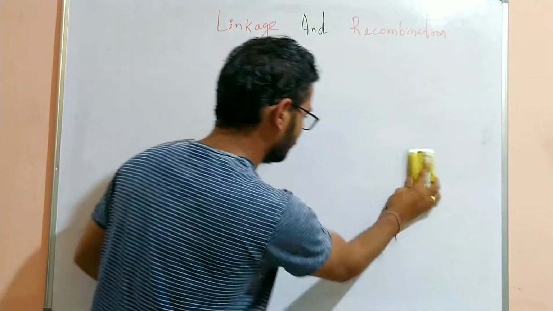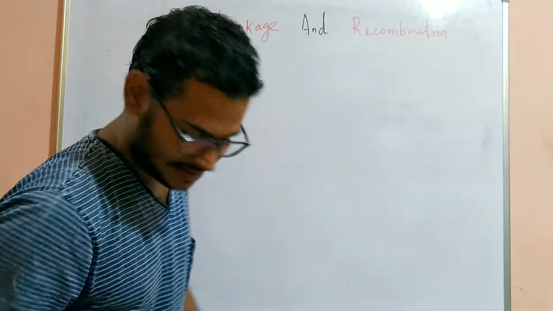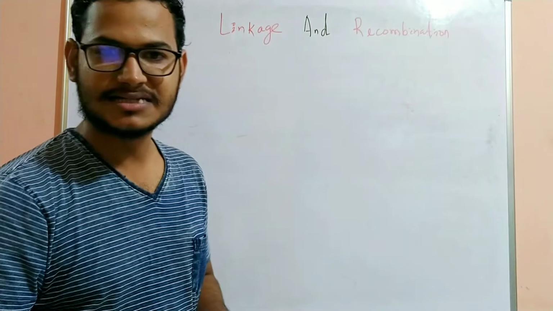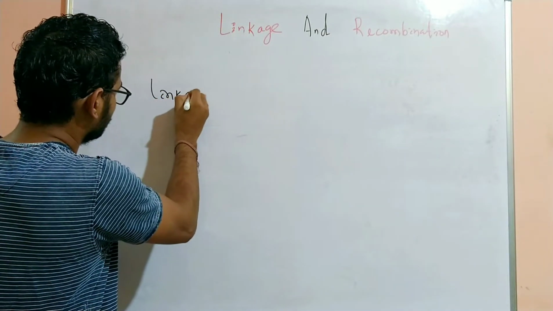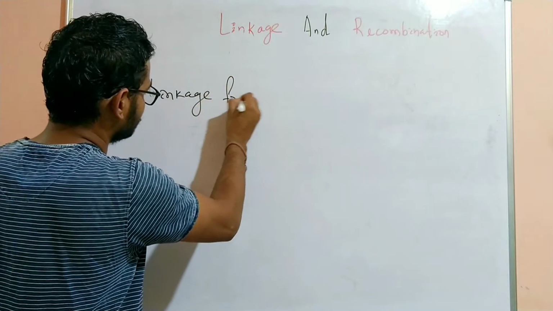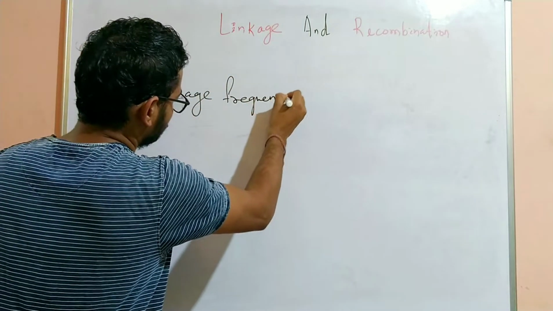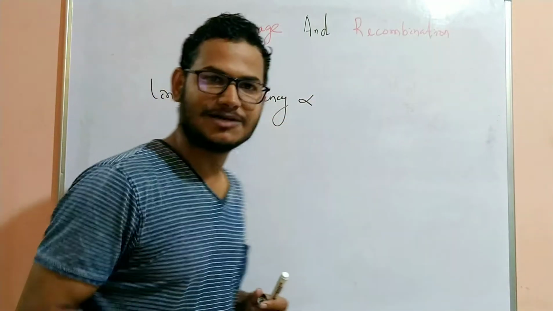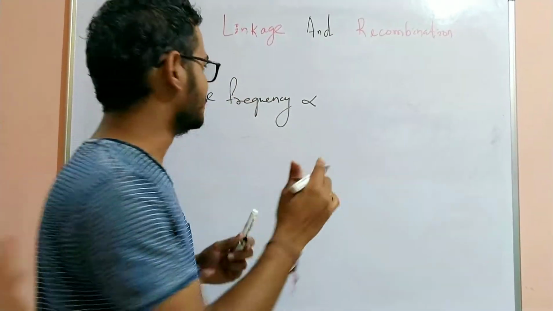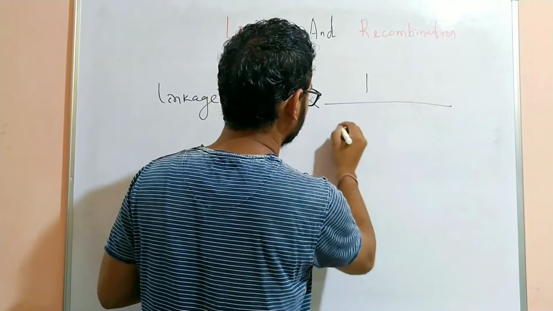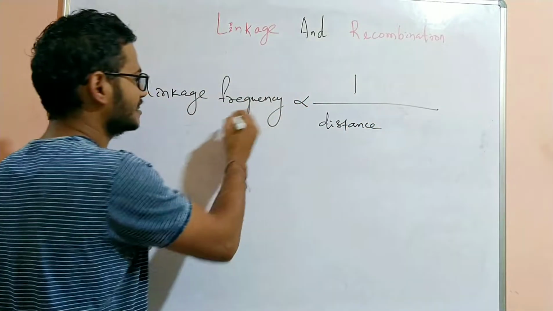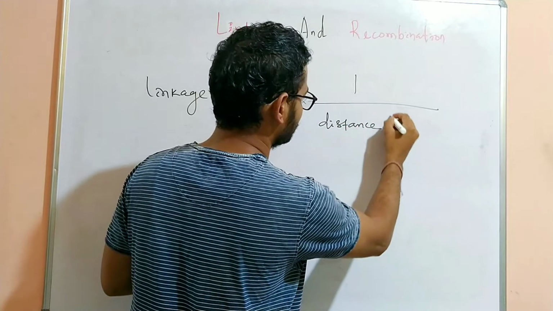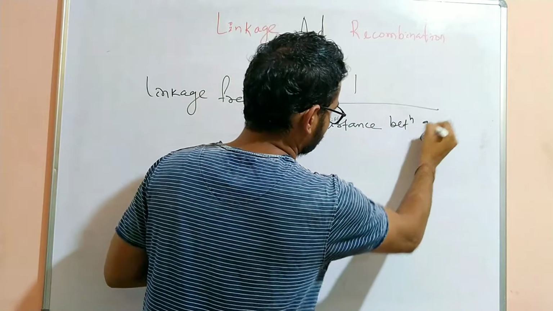So how will we calculate the frequency of linkage? Linkage frequency is related with the distance between genes. When the distance between genes increases, the linkage frequency decreases.